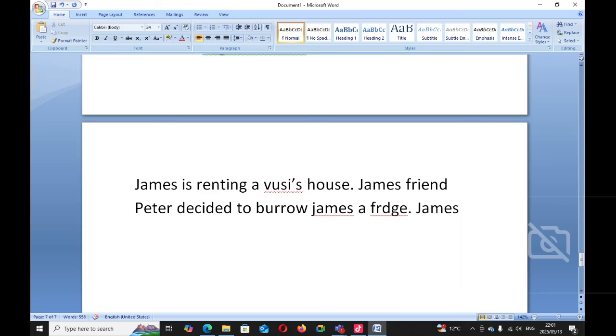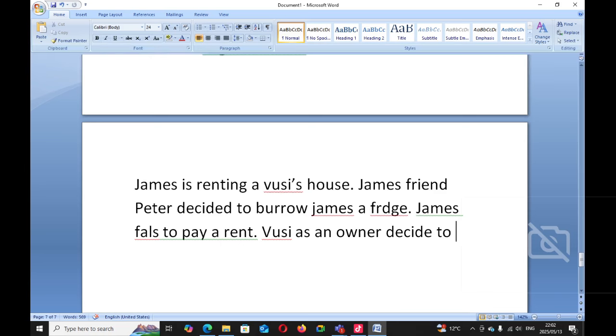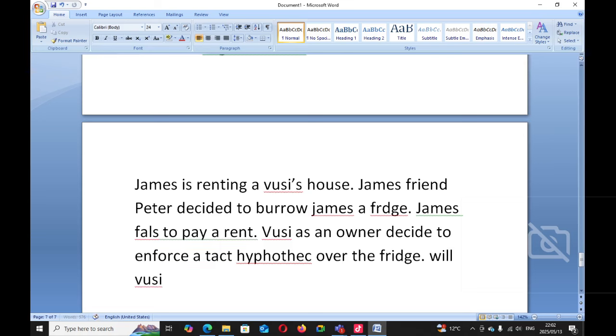James fails to pay the rent. Now Vusi, as the owner, decided to enforce a tacit hypothec over the fridge. Will Vusi succeed?